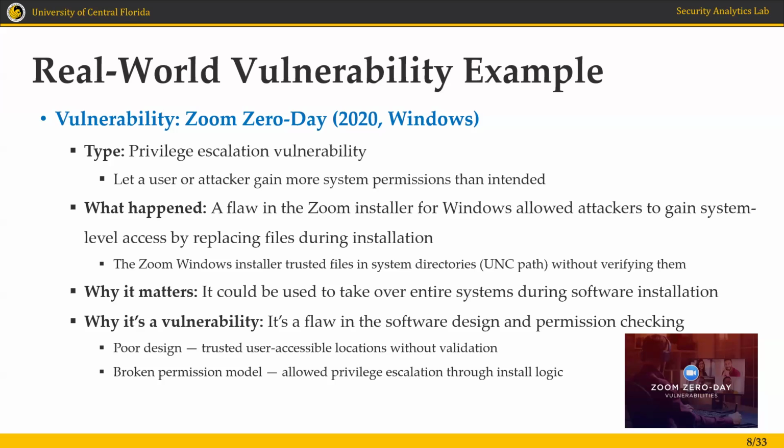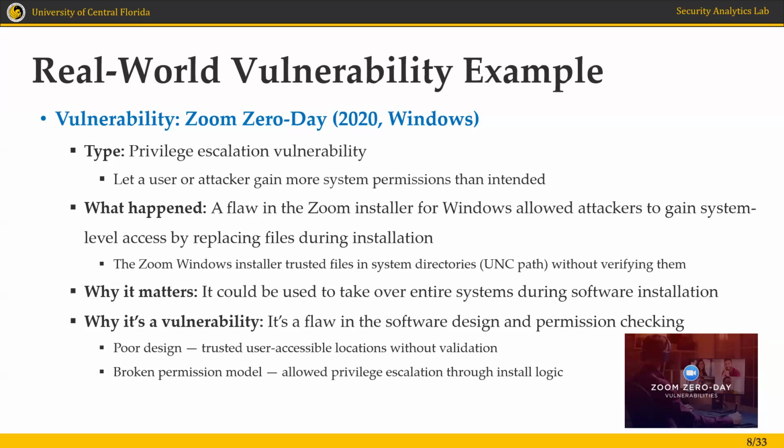There was a flaw in the security system, such that the Zoom installer for Windows, specifically, allowed attackers to gain system level access by replacing files during installation, by modifying the UNC path. So Zoom on Windows would automatically trust the files within the directory without verifying them.